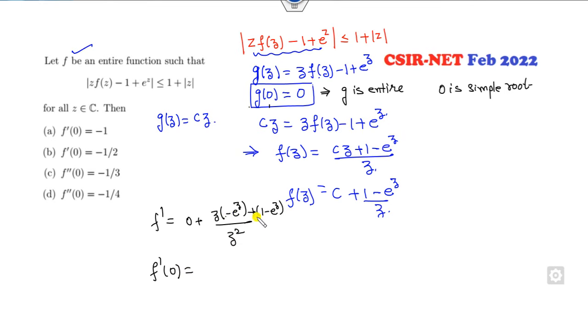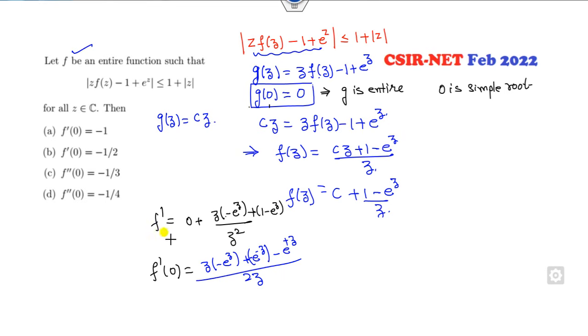It's 0 by 0 form, so I can apply L'Hopital's rule. So this plus e raised to power minus z and minus e raised to power plus z, divided by 2z. Is it again a 0 by 0 form? No, it's not a 0 by 0 form.